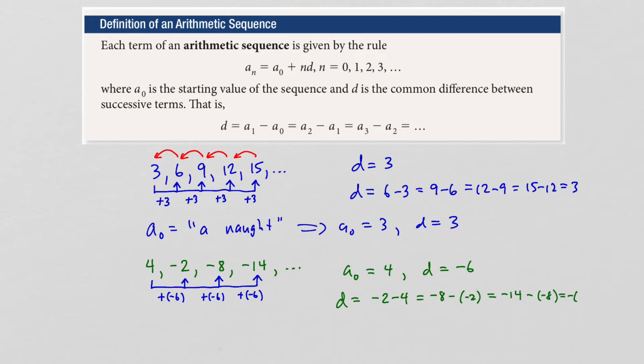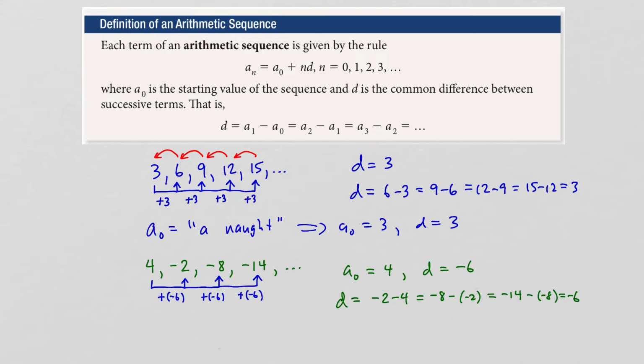And if you do the math on each one of these subtractions, you will notice that you get -6. And so that would be our common difference. So an arithmetic sequence is a sequence where each time you move from one term to the next, it just increases or decreases by the same amount.